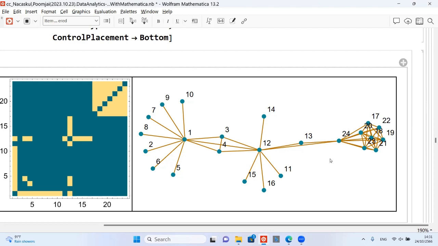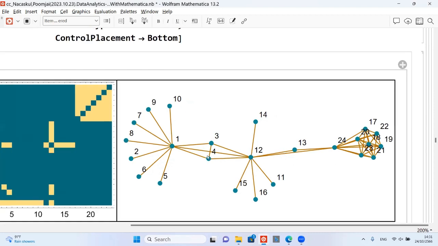So let me show you this. Supposing, now imagine this is not the case right now. Supposing, forget this node, forget this node, and forget this line. What if there's a line from 1 to 3 to 12?